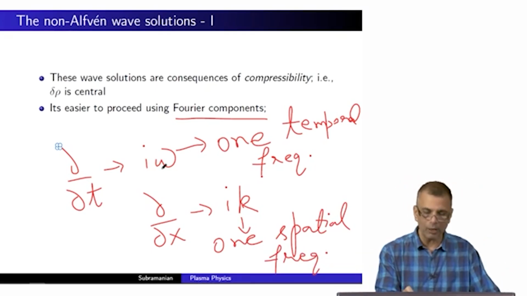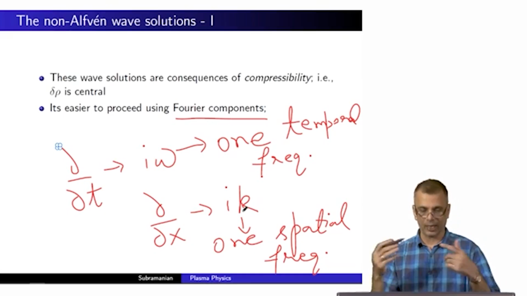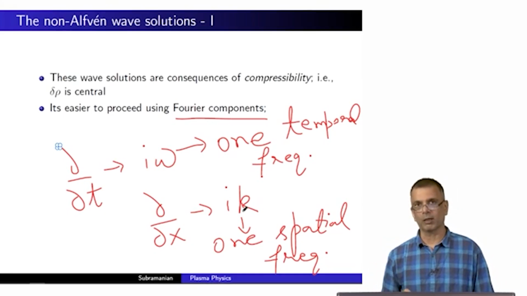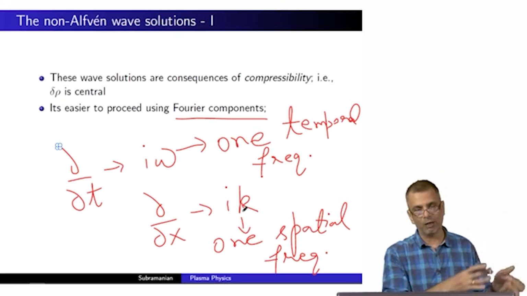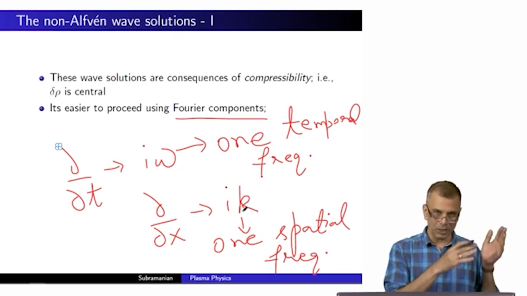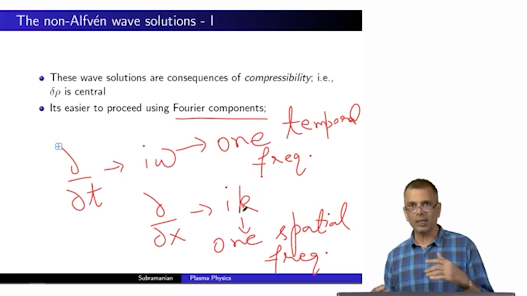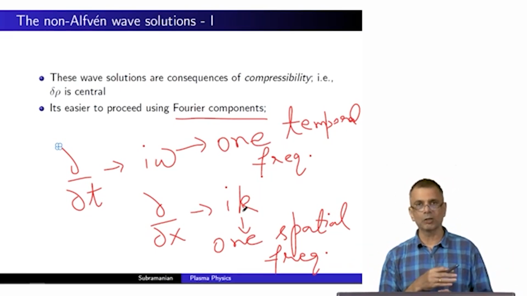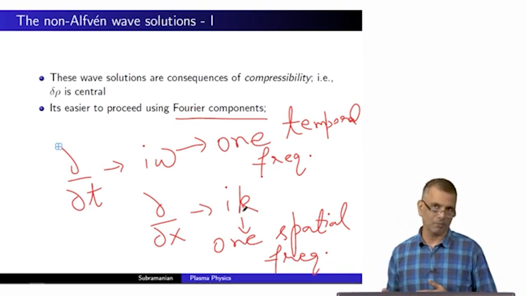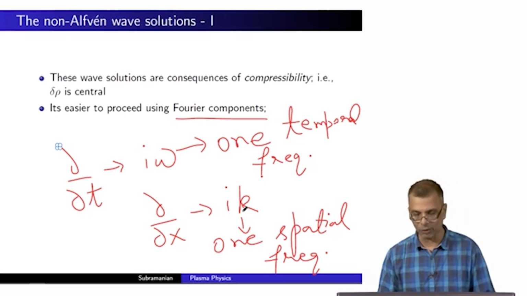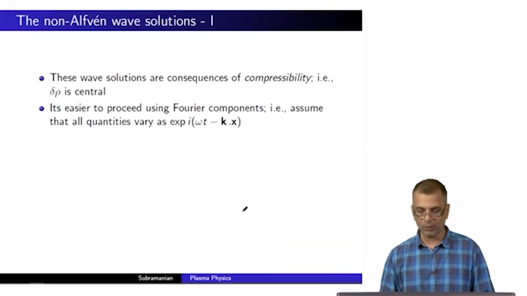Only with one value of omega and one value of k at a time when you're doing Fourier components. But that's okay, the equation is linear, so the behavior for other frequencies, spatial and temporal, can then be linearly superposed. So you have the solution for one, the solution for the others looks exactly the same. The functional dependencies are exactly the same. That's the whole advantage of doing Fourier language, right?